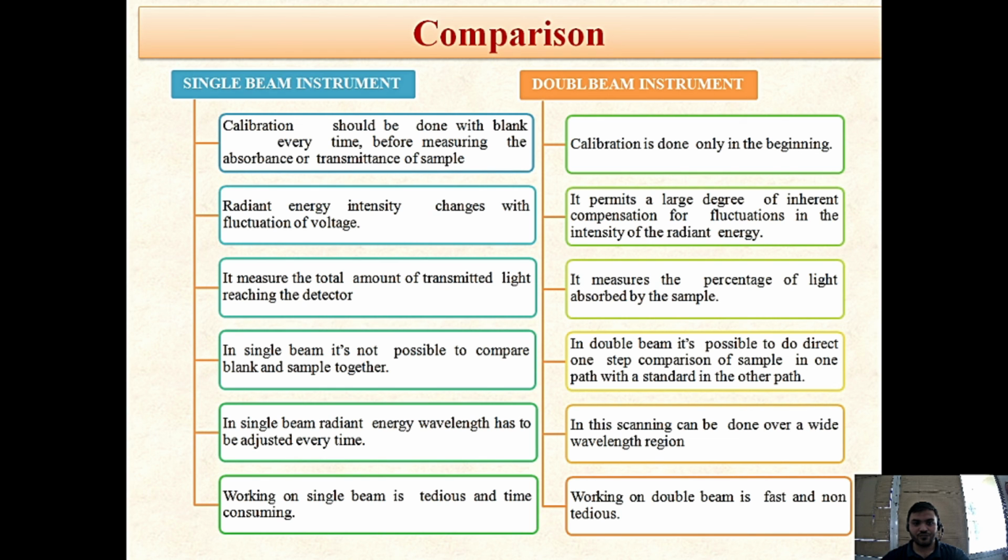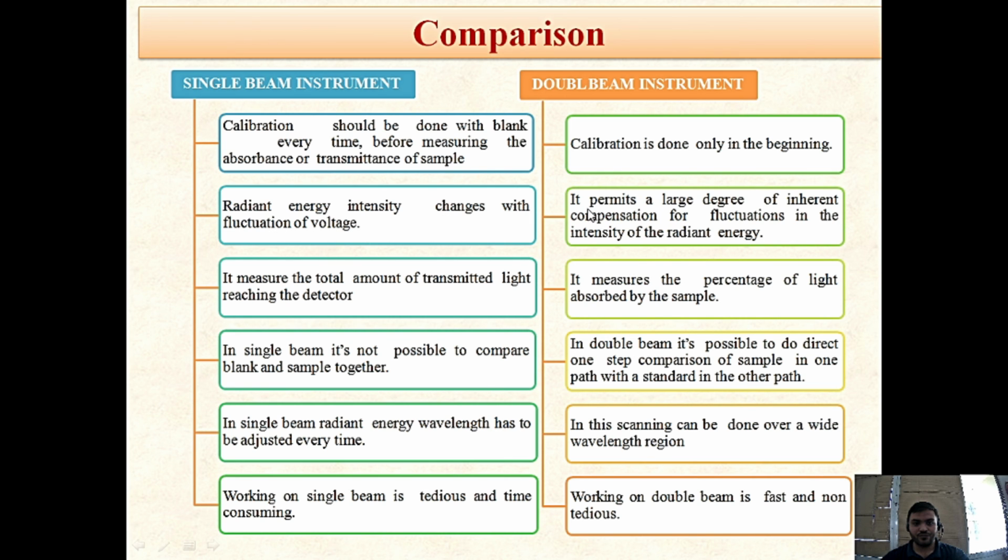Comparison of single beam instrument and double beam instrument. First of all, single beam. Calibration should be done with a blank every time before measuring the absorbance or transmission of a sample. In double beam, calibration is done only in the beginning. In single beam, the radiation energy intensity changes with fluctuation of voltage.